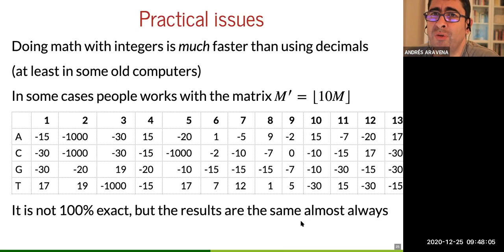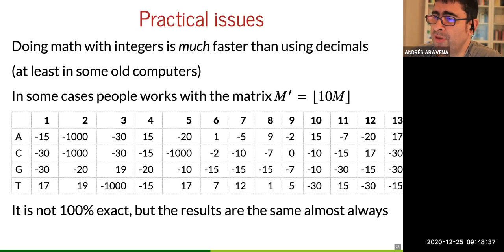If I have to criticize this model, I have 10 things to criticize before this rounding. The rounding is not the critical point. But at the end, people will use matrices either with decimals or not. For the class, I'm going to use the one with decimals because it's easier to explain, but you can see that in practice, people use matrices like this with positive and negative numbers. Positive are good things, meaning that they are very frequent, and negative are bad things.